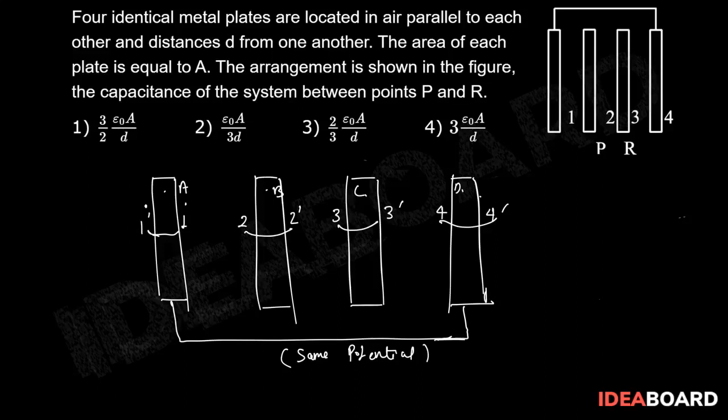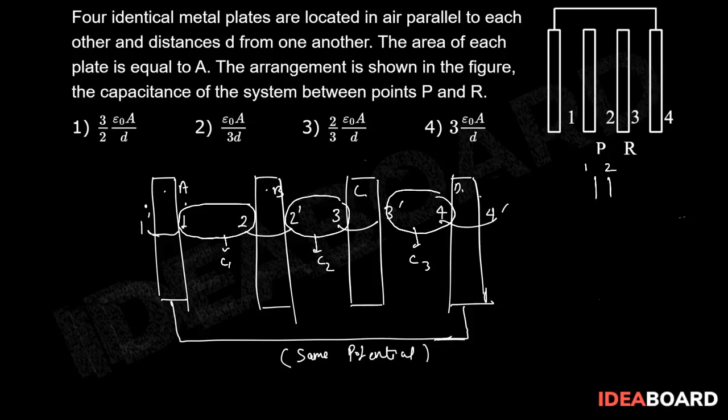Supposedly now look, 1 and 2 are forming a capacitor, which I can say C1, 2 and 3 forming a capacitor, which is C2, and similarly these two plates 3 and 4 are forming the third capacitor C3. So suppose I have one capacitor, plates 1 and 2.